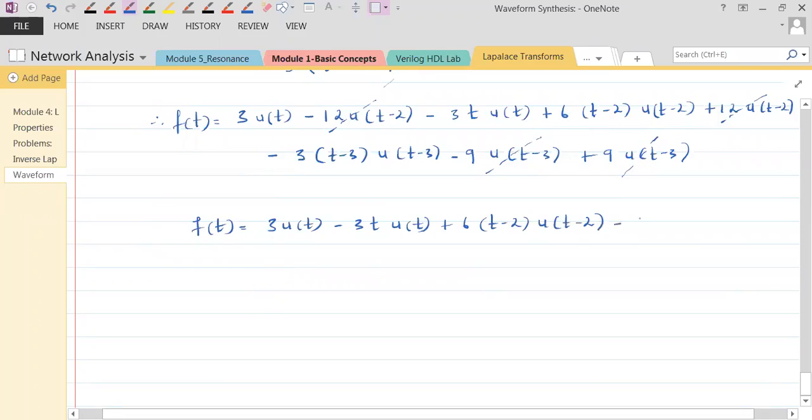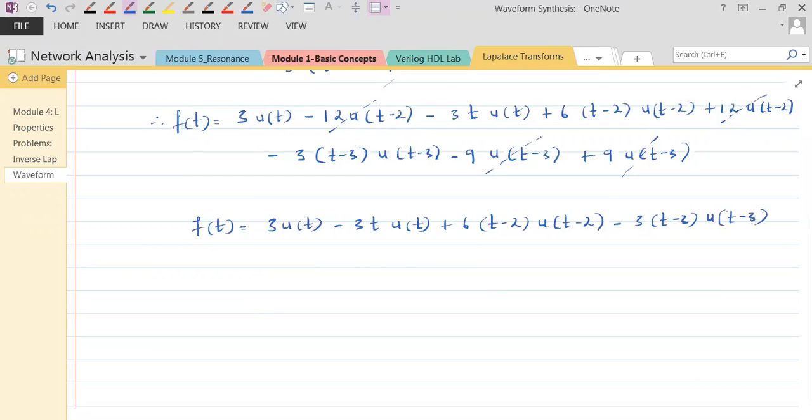Okay, then minus 3t minus 3 u of t minus 3. So this is what is your f of t finally. Okay, so this is how your f of t looks like.